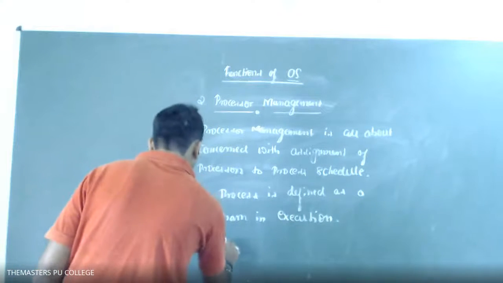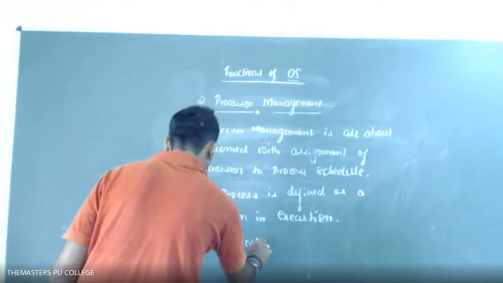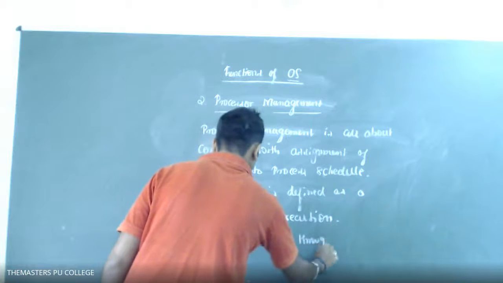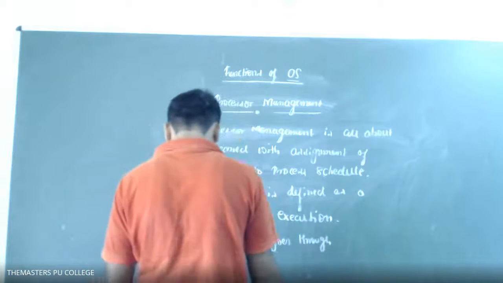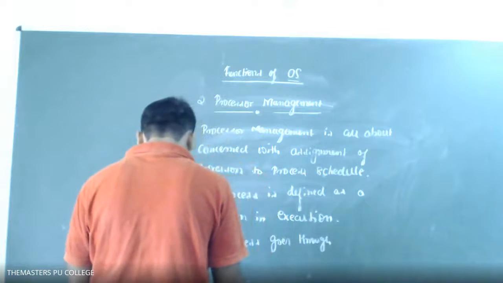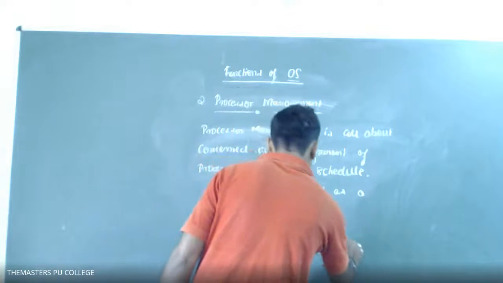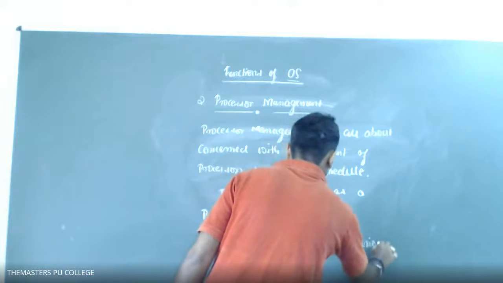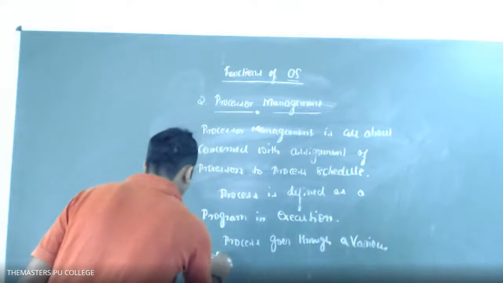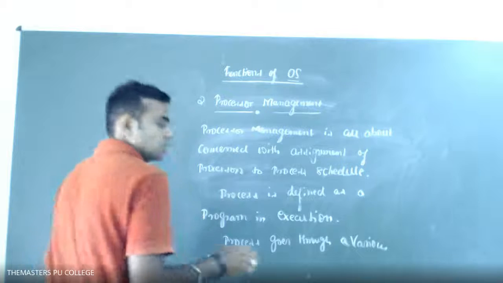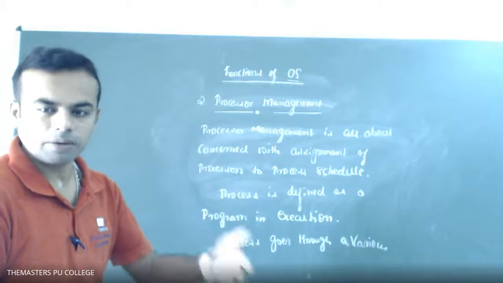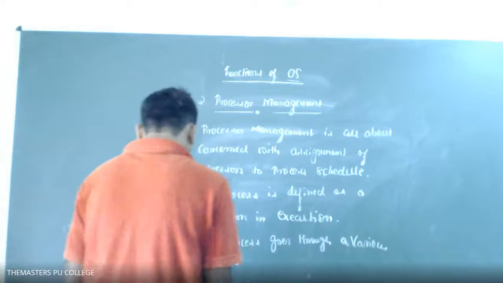Okay. A process goes through various states. What do you mean by states? Processing, different states, one after the other, steps, attributes.